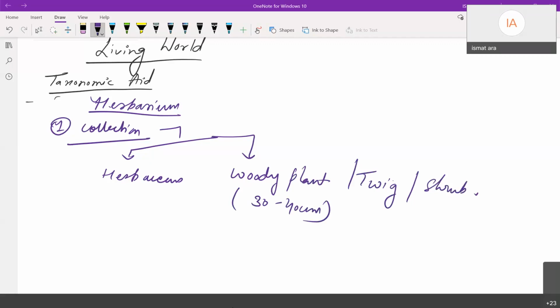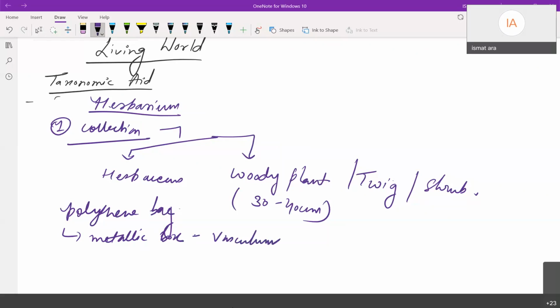All these things are placed in a polythene bag and placed in a metallic box. This metallic box is called vasculum. This is the collection step.